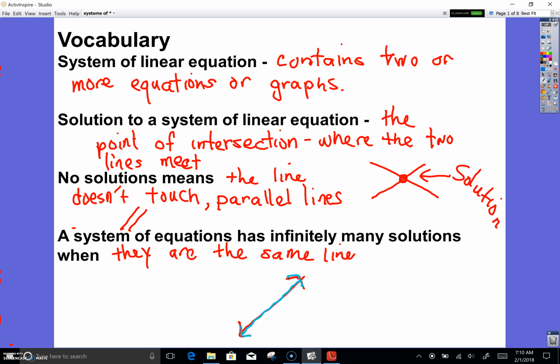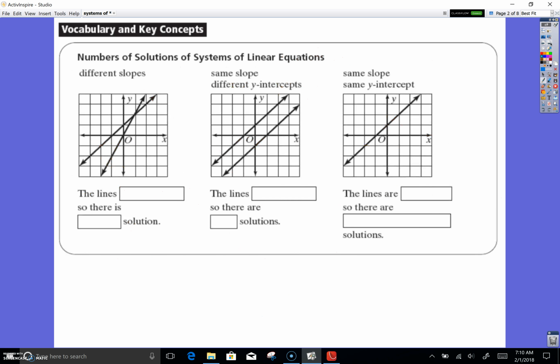Okay, this is infinitely many solutions. Going back to red.